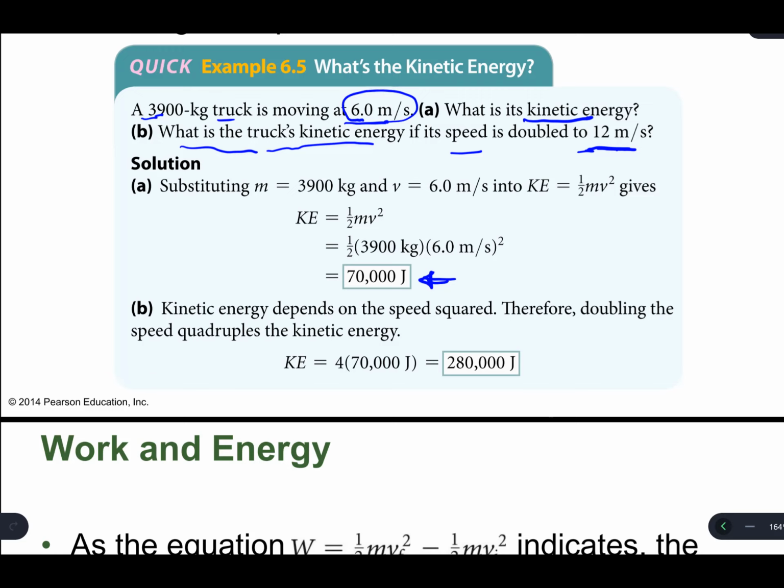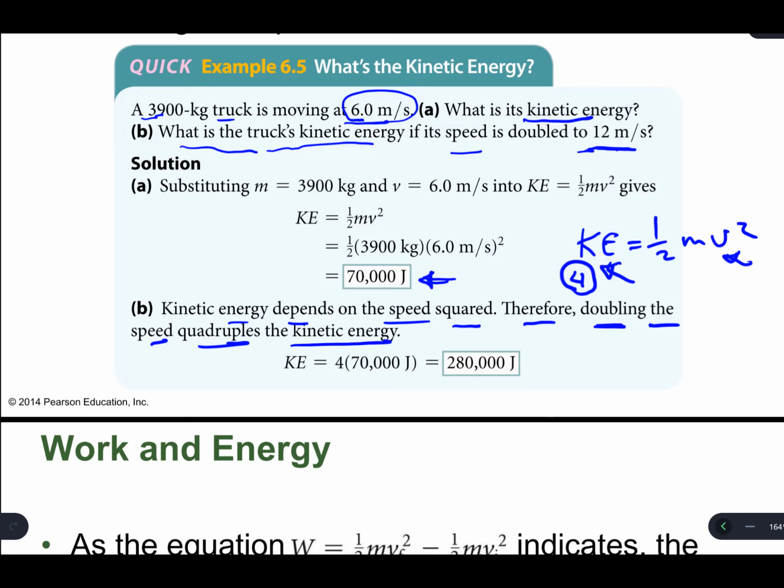It is doubled. Hold on, because of the square here, KE equals half mv squared. When you double the velocity, the kinetic energy becomes 4 times. So kinetic energy depends on the speed squared. Therefore, doubling the speed quadruples the kinetic energy.